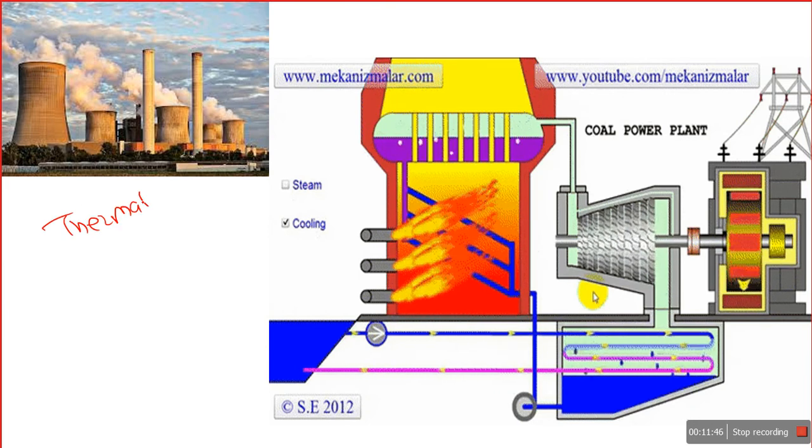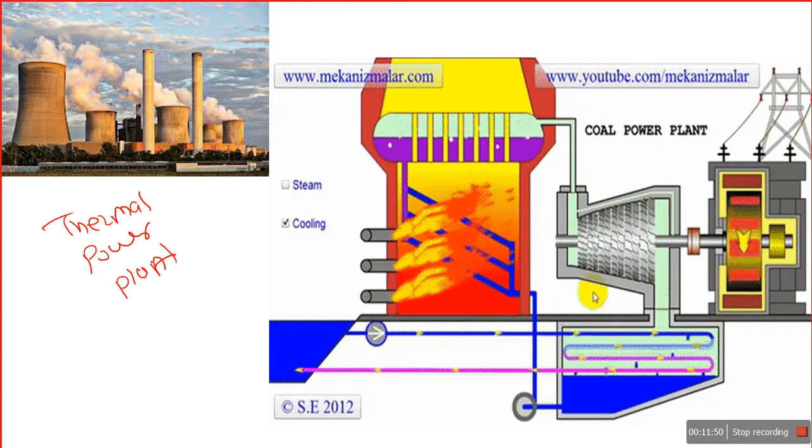This is also a best example. Thermal power plant. This is the same working figure I also discussed in the steady flow equation, with the same main components: the boiler, steam turbine, condenser. You know the functioning. In the boiler we generate steam.